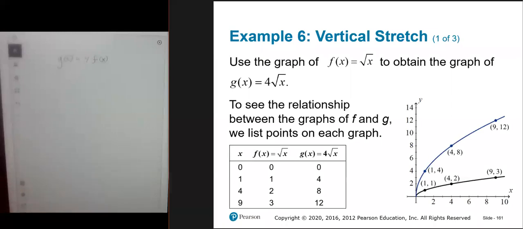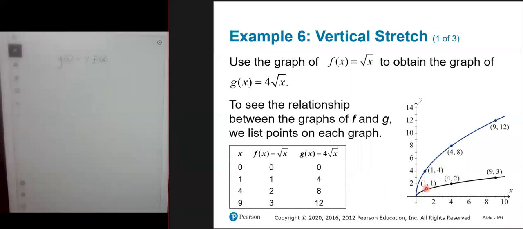So the left 2 columns are for the square root of x. Square root of 0 is 0, square root of 1 is 1, square root of 4 is 2, square root of 9 is 3. But I'm going to take each of these y values and multiply it by 4. So (0, 0) goes to (0, 0), didn't change. But (1, 1) goes to (1, 4).